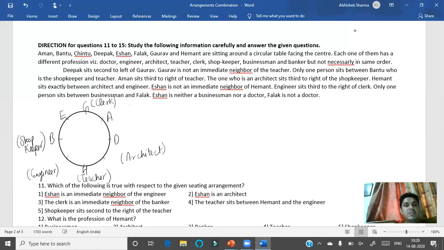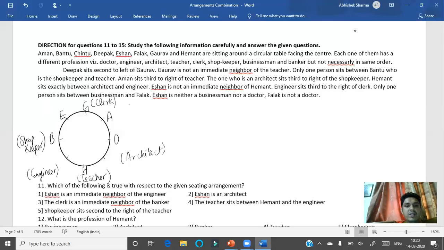Thereafter, only one person sits between the businessman and Falak. So we can write businessman and Falak. Okay, we have two possibilities. Only one person sits between the businessman and Falak. Ishan is neither a businessman nor a doctor.